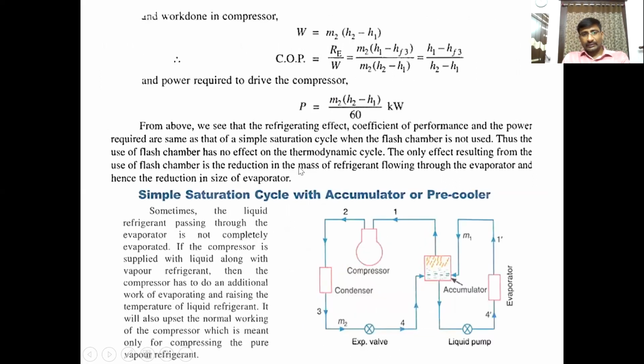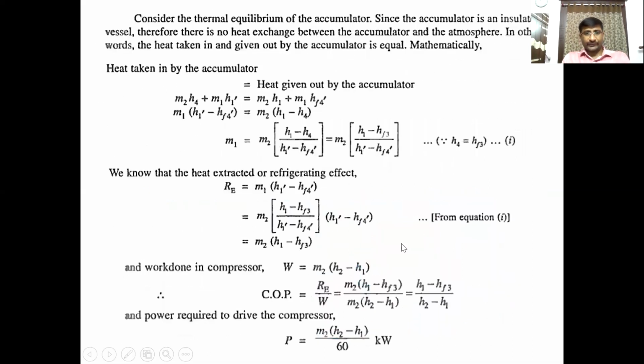Let us look at the actual diagram. This is the evaporator. The enthalpy changes from 4- to 1- across the evaporator. Therefore, H1- minus Hf4- is the heat extracted by the evaporator per kg. The total amount is M1, so M1 into H1- minus Hf4- is the refrigeration effect.